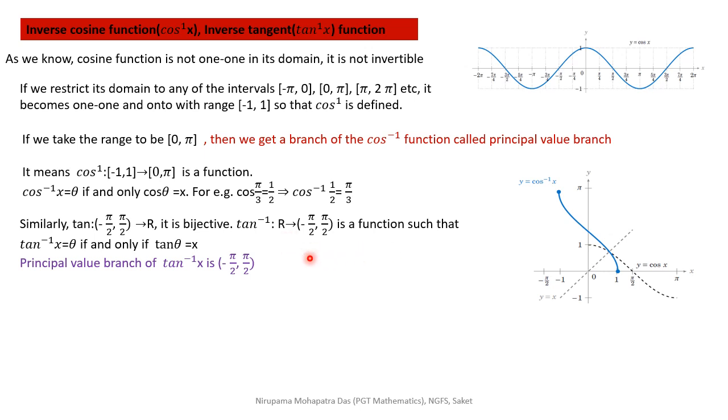Again, if we write y equal to tan x, x equal to tan inverse y, or you can say tan theta equal to x, theta equal to tan inverse x. So the principal value branch is the open interval minus pi by 2, pi by 2.